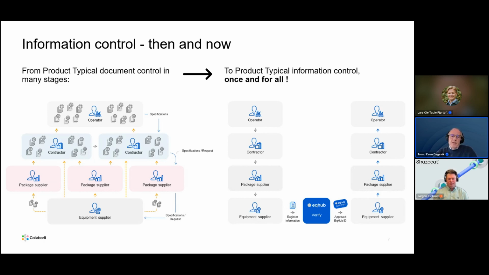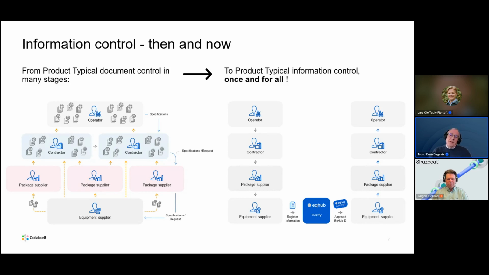So what we're doing now is that the supply chain is the same, the specification and the request go through the chain and end down at the equipment supplier. And again, when they have chosen which equipment they want to deliver, they go into EqHub and check if it's inside EqHub already, and if it is, they have to check that it's according to the specification that is now, and that will be NORSOK Z-018.